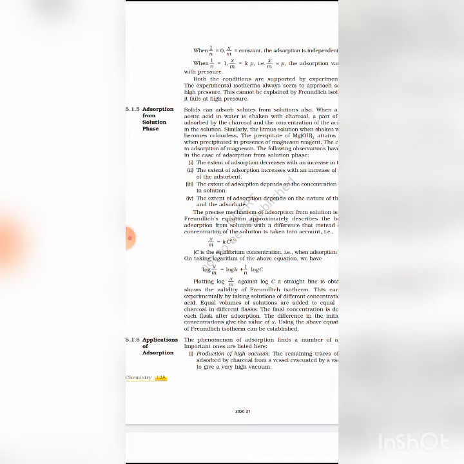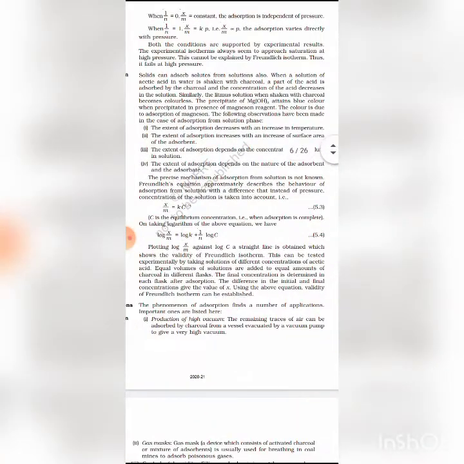If we take log on both sides, log x by m equal to 1 by n log C plus log K. If we plot log x by m versus log C, we also get a straight line.